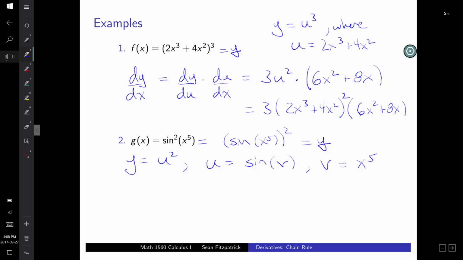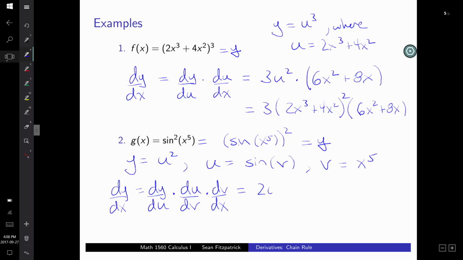When I have three functions like this, my dy/dx is going to be the derivative of y with respect to u, since y is written in terms of u, and then u is written in terms of v, so I do du/dv, and then v is written in terms of x, so I get dv/dx.